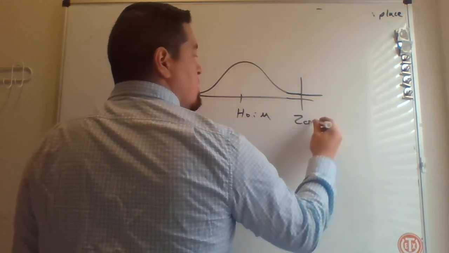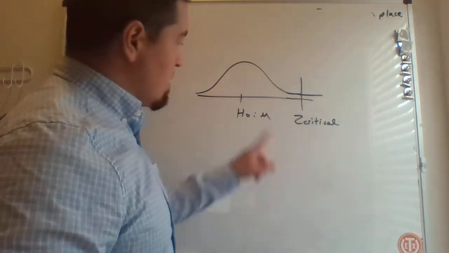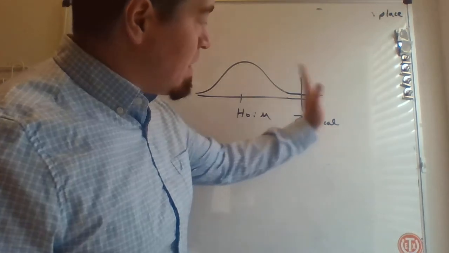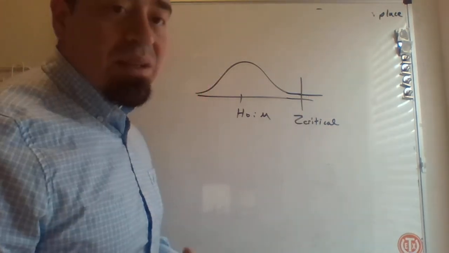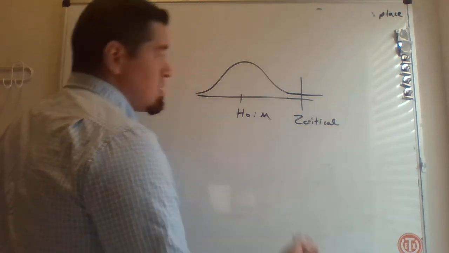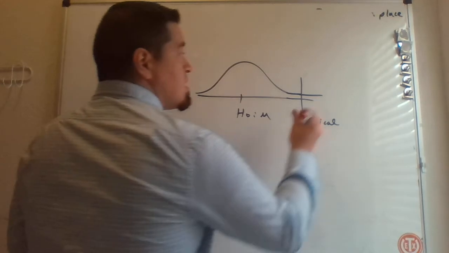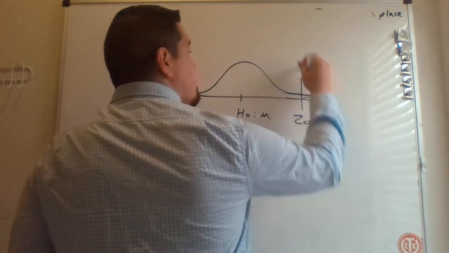So this would be z critical. And we determine, okay, this is the cutoff point to where we no longer believe the null hypothesis is true, and anything beyond this point, we would say that we have evidence to suggest the alternative hypothesis. So this region would be what we call the critical region.